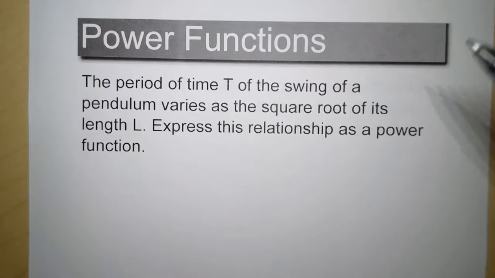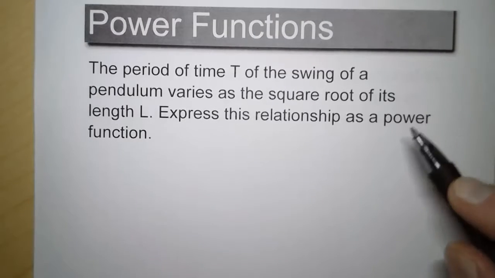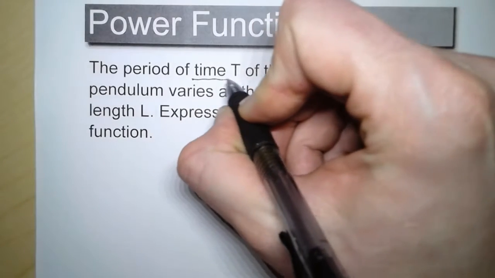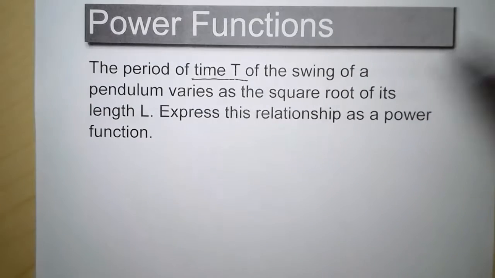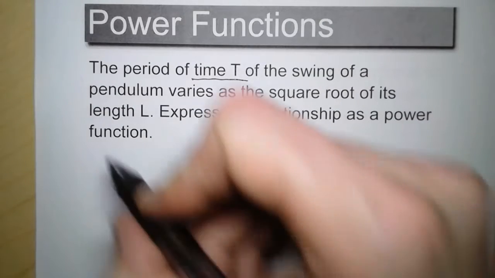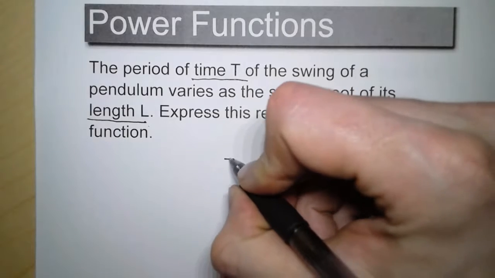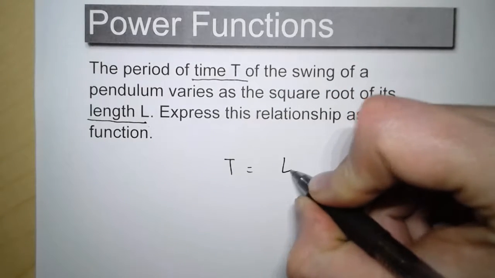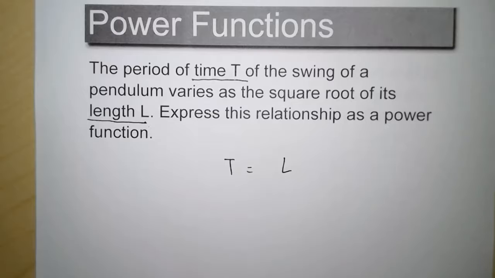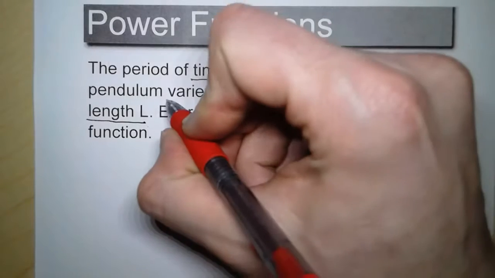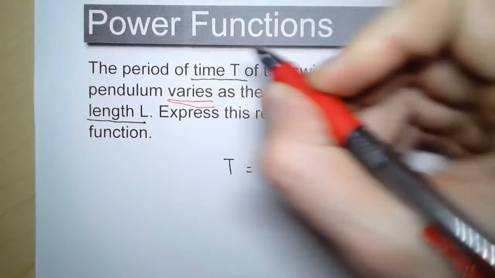So for this example, we want to relate the period of time, that is how long it takes for a pendulum to swing back and forth, with its length. So that means time is going to be on one side of the equation, and length is going to be on the other side. Now when we say that it varies, that means that it's proportional to.